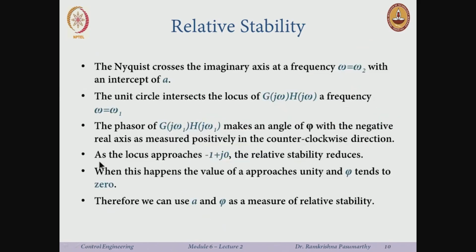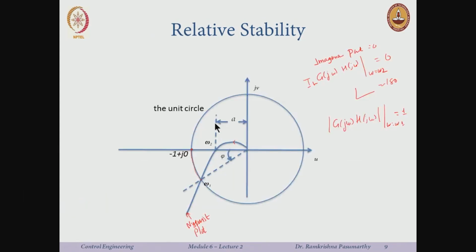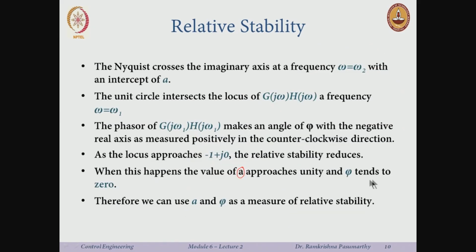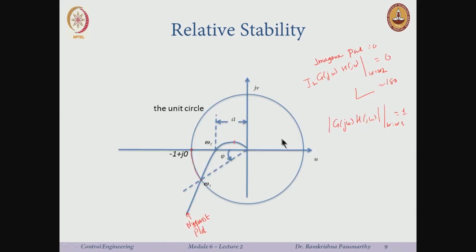and then well, this is now kind of known to us, right, and we know why this is true, that as the locus approaches minus 1 plus j 0, the relative stability reduces, okay. And this happens in two cases, right. So, this happens when the value of A approaches unity or phi approaches 0, or you know, this angle, if I measure from here the angle of G(j omega), it should be minus 180.